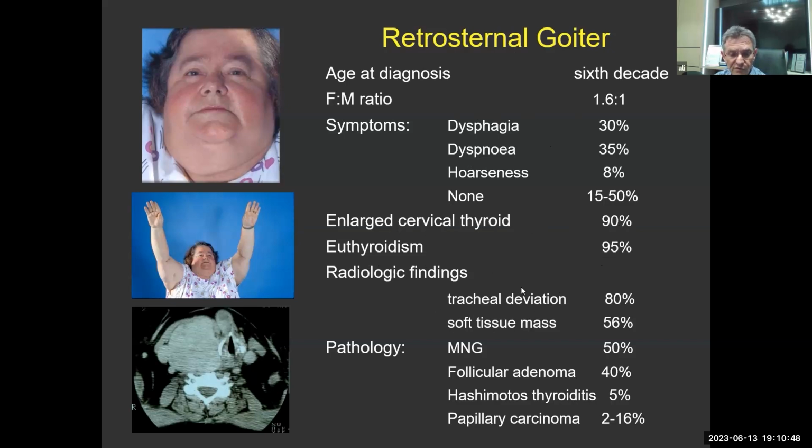And the most important findings are the large mass with a deviation of the trachea. And it just shows you that the majority of these cases are either multinodular goiters or follicular adenomas in 90%. Occasionally, Hashimoto's can be large, and very rarely papillary thyroid carcinoma.